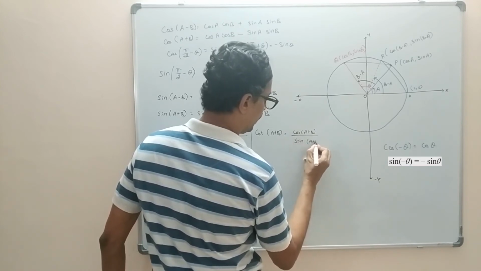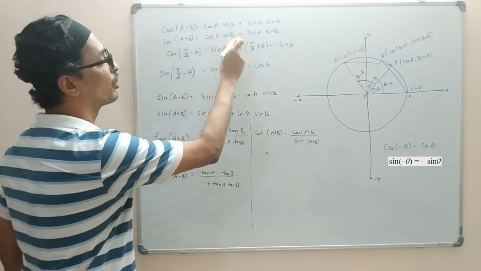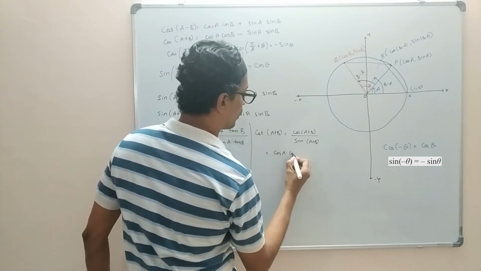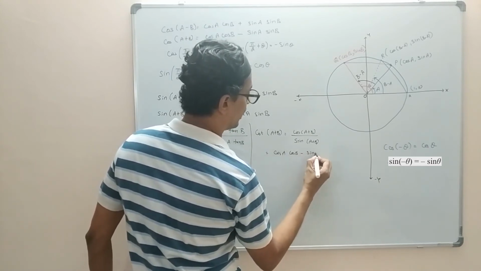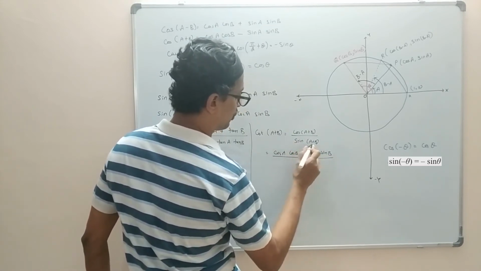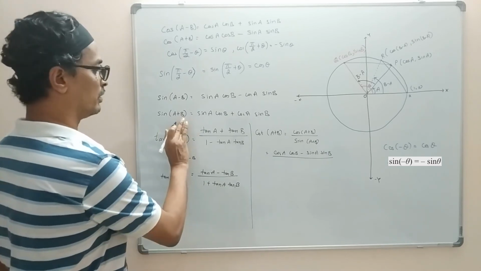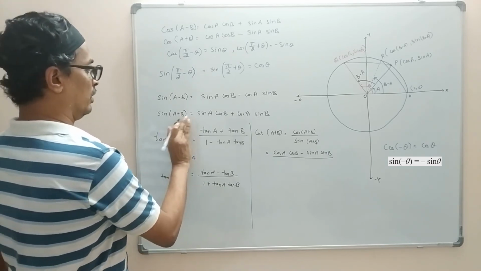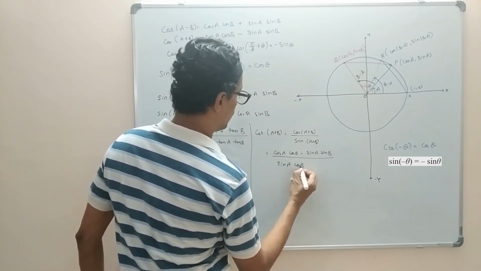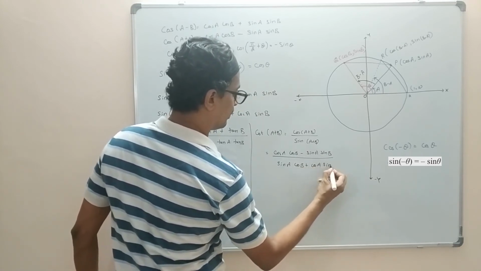Cos (A plus B) is cos A cos B minus sin A sin B, right? So this is cos A cos B minus sin A sin B divided by sin (A plus B), which is sin A cos B plus cos A sin B.